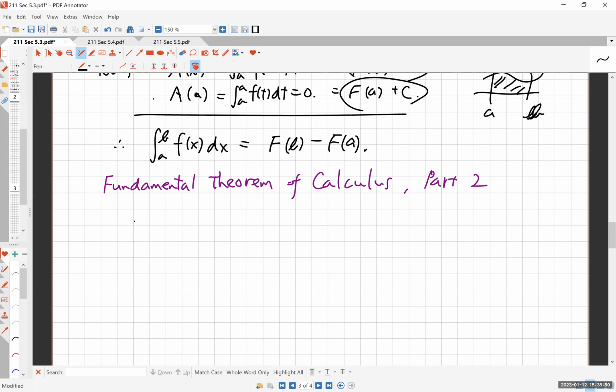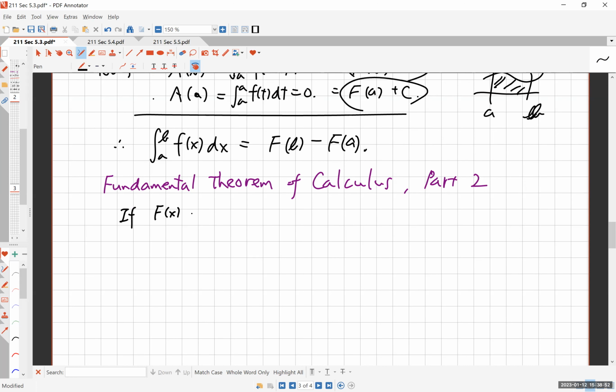It says that if capital F is any antiderivative, now by the way, when we talked about the antiderivative or the indefinite integral, we always said we have to have this plus c, right? But because you're evaluating this twice and subtracting, whatever the c is, they cancel each other, just like what you saw here.